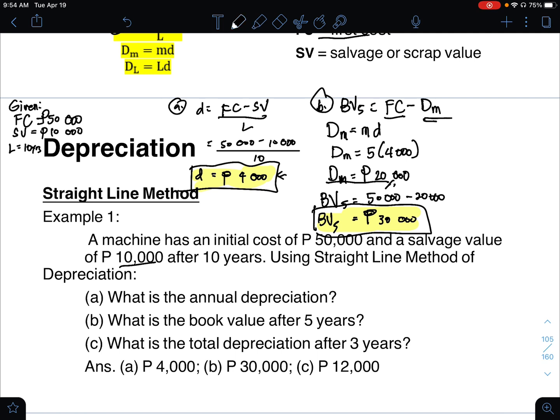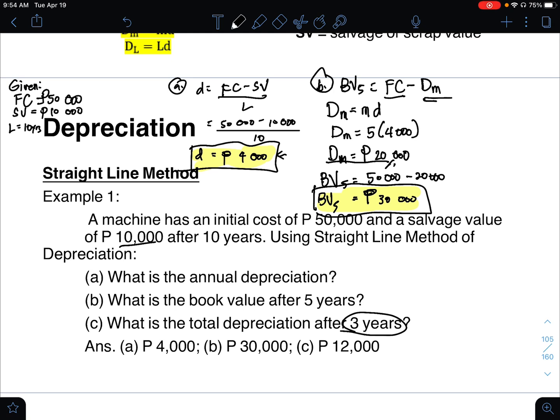Now, let's talk about letter C. What is DL, or the total depreciation after 3 years? So, unsa man ang total depreciation after 3 years? So, mao na itong useful life in years, which is L. So, atong gipangita for the letter C is the total depreciation after 3 years. DL is equal to L times D. So DL na to karon is, what is our L?